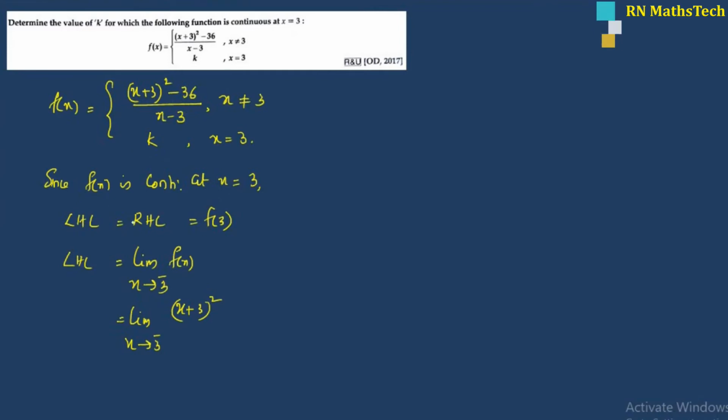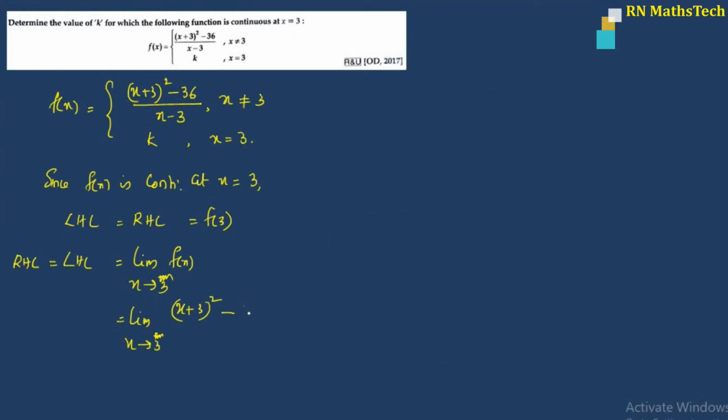So this left hand limit equal to right hand limit is same as limit x tends to 3 of f of x. Okay, so no need to take the left hand and right hand because these two limits are same.